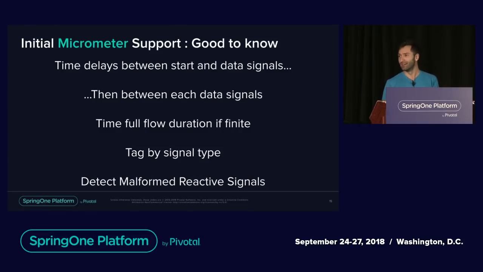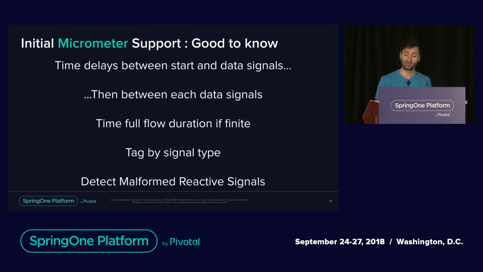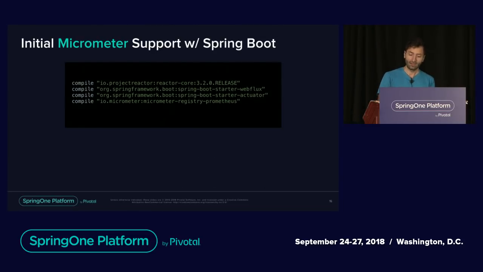Obviously, it's important that you're not trying to implement the publisher specification. And I think every vendor or library supporter will tell you that. So if you do, metrics will try to detect malformed or wrong use of the reactive stream specification. But it shouldn't occur if you stay within the safe world of Reactor at least.